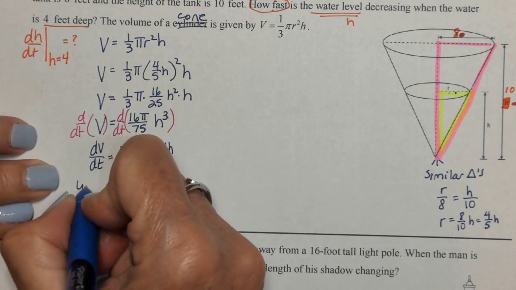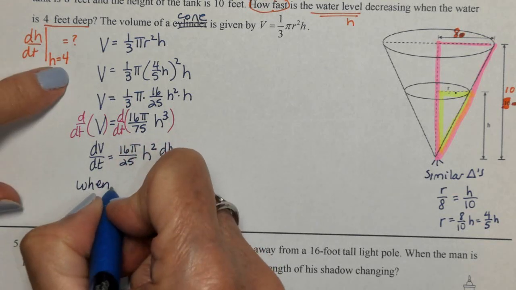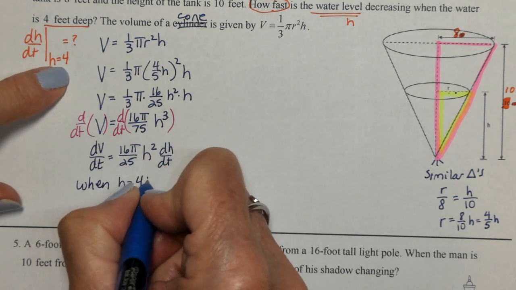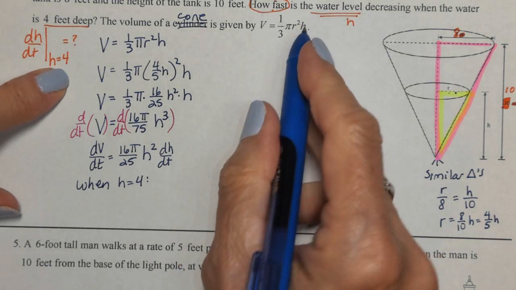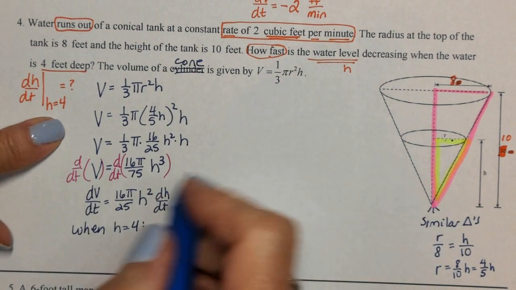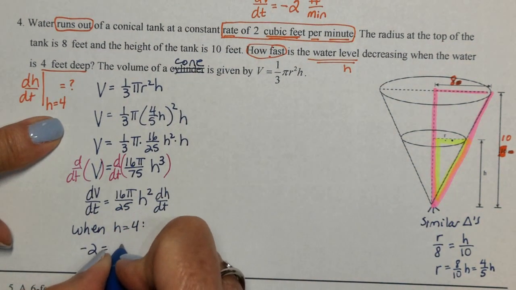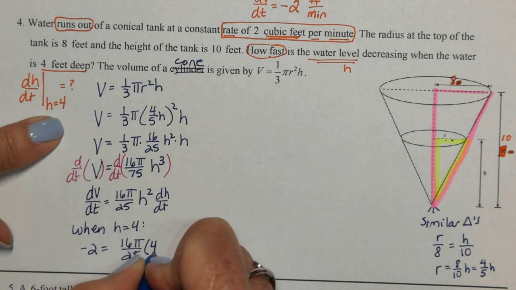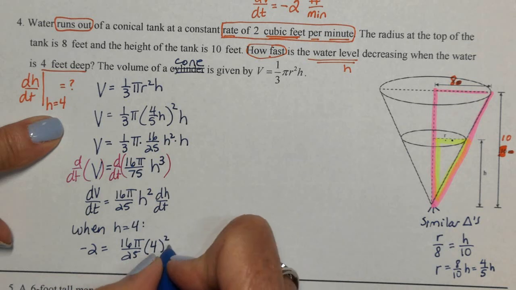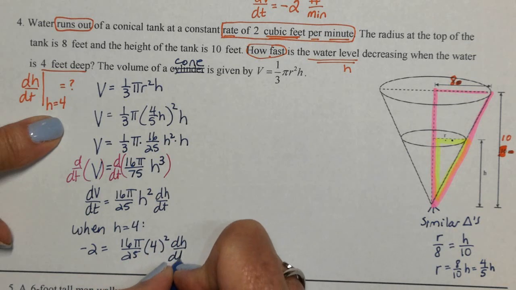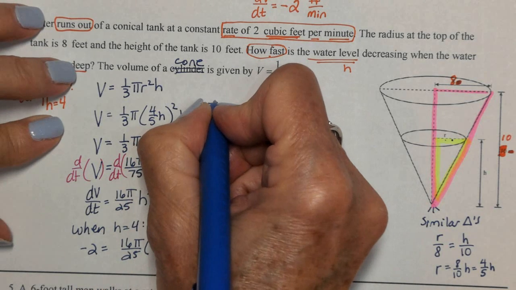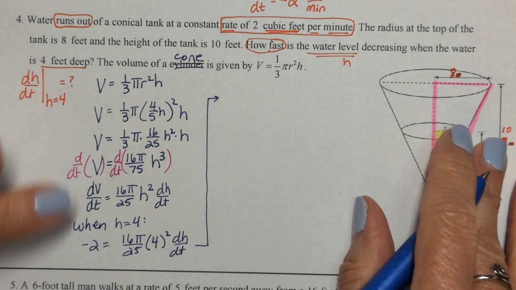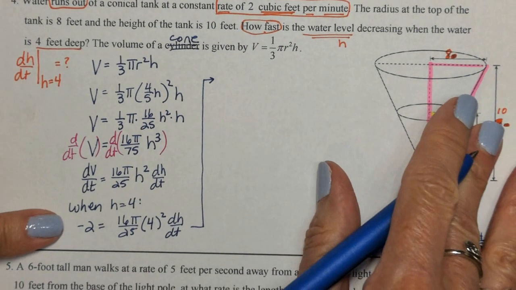So when h is 4, okay, dV dt was the negative 2. We're squaring h, times dh dt. Okay, and now we're solving this for dh dt.